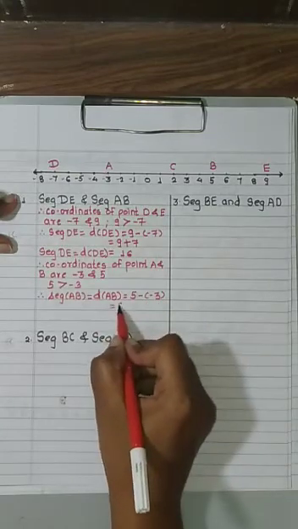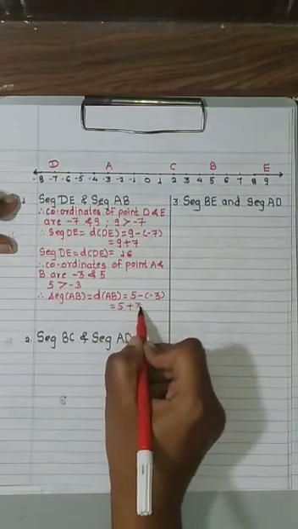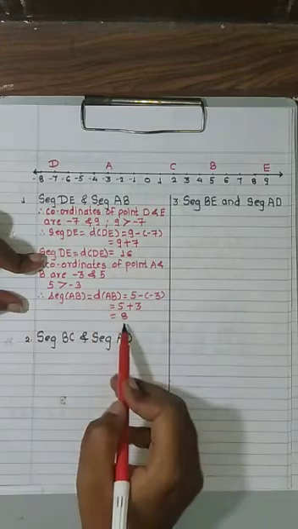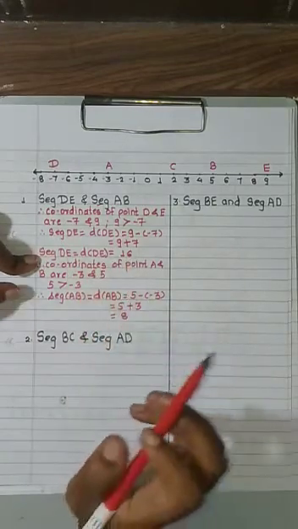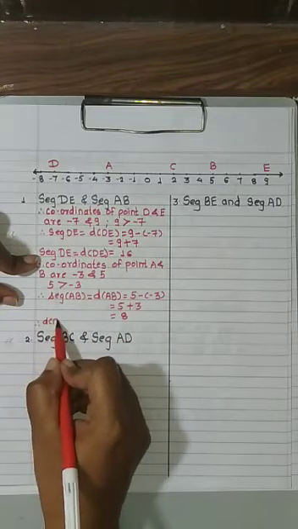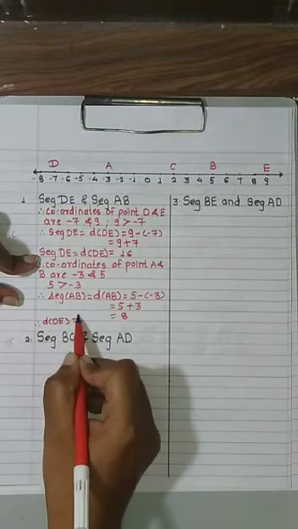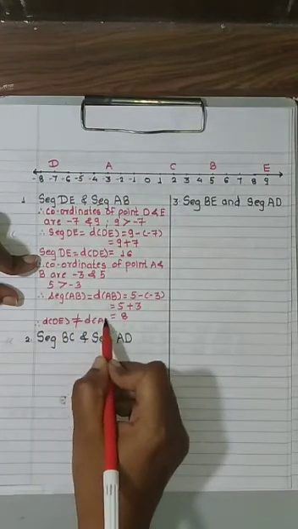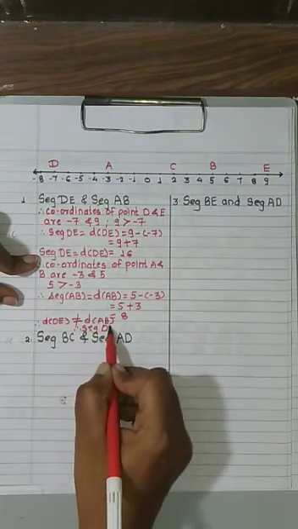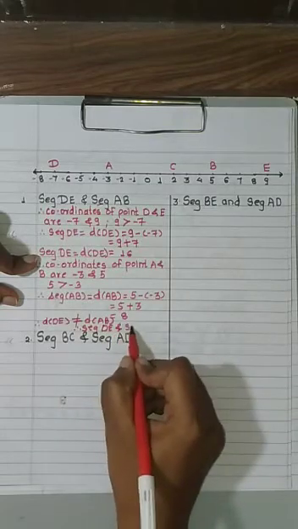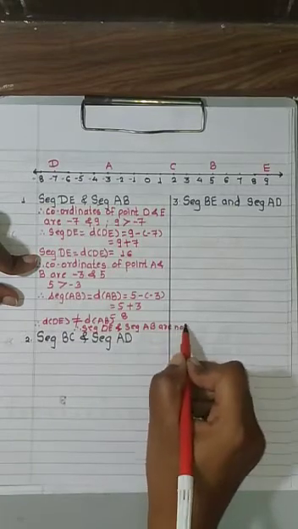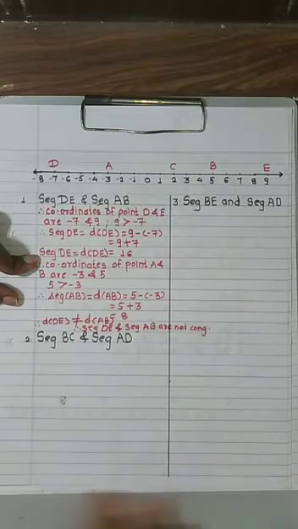Therefore 5 minus will become plus 3 is equal to 8. Now you can see distance AB is 8 and distance DE is 16. They are not equal. Therefore distance DE is not equal to distance AB. Therefore, segment DE and segment AB are not congruent.